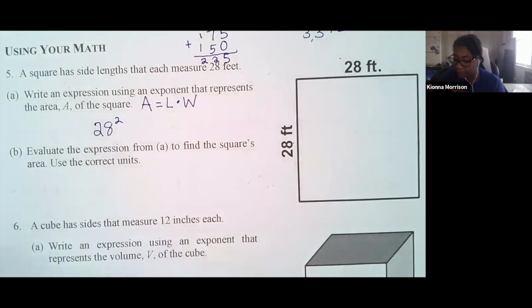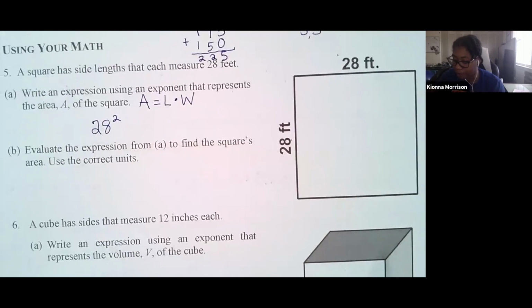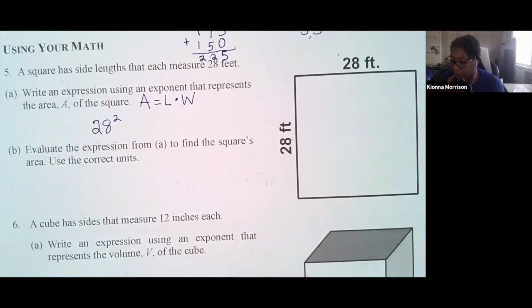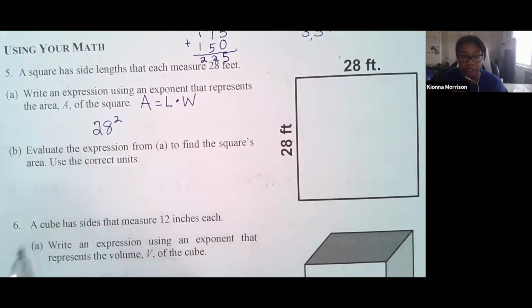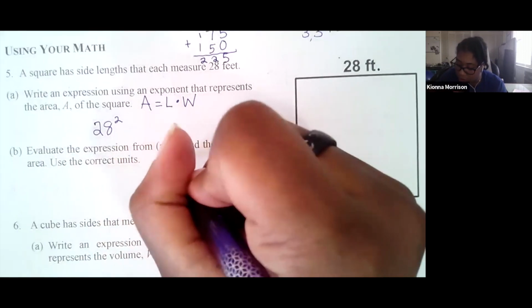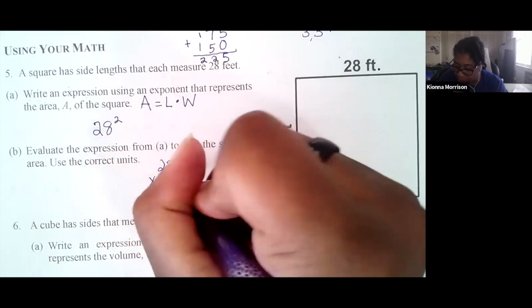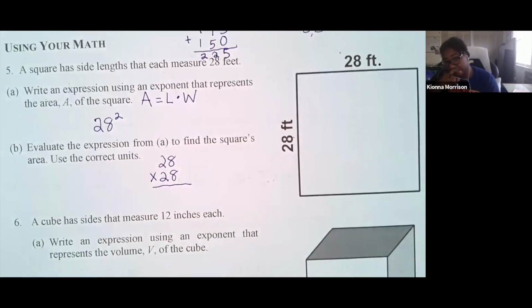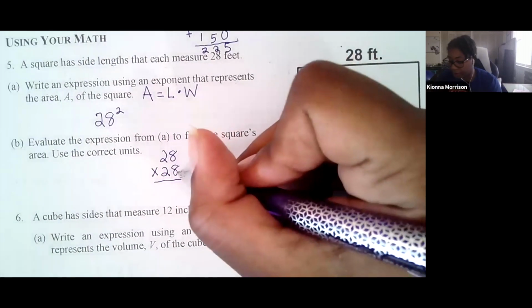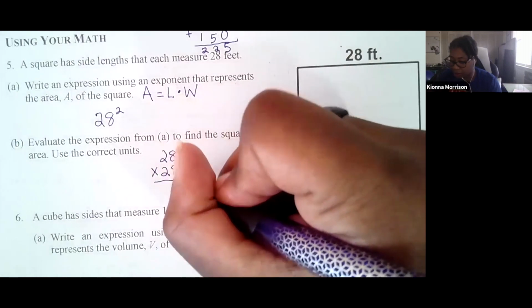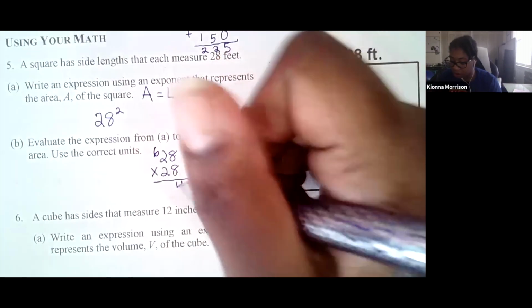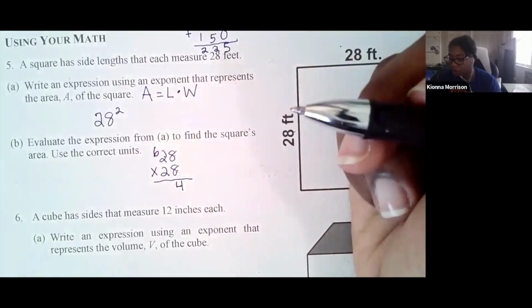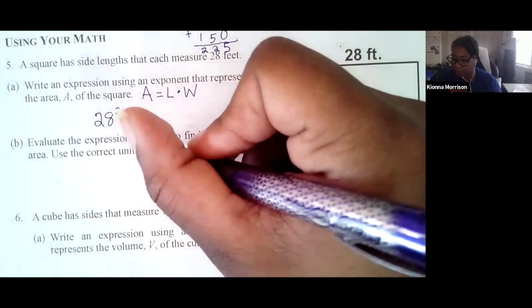Question B. Evaluate the expression from A to find the square's area. Use the correct units. So now I'm going to solve 28 times 28. 8 times 8. 8 times 2 plus 6.